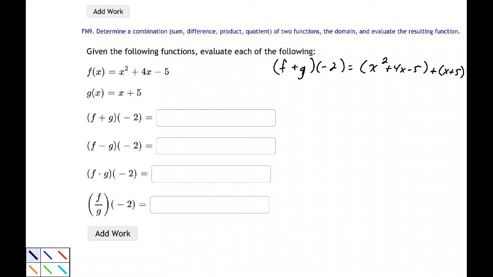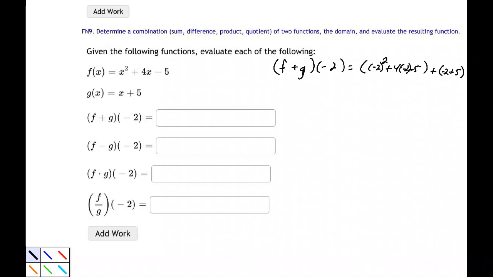But I'm going to replace each of my x values with a -2. So I have parentheses, -2 squared plus 4 times -2 minus 5, close parentheses, plus -2 plus 5. I'm adding the two functions, but I'm evaluating each of them.